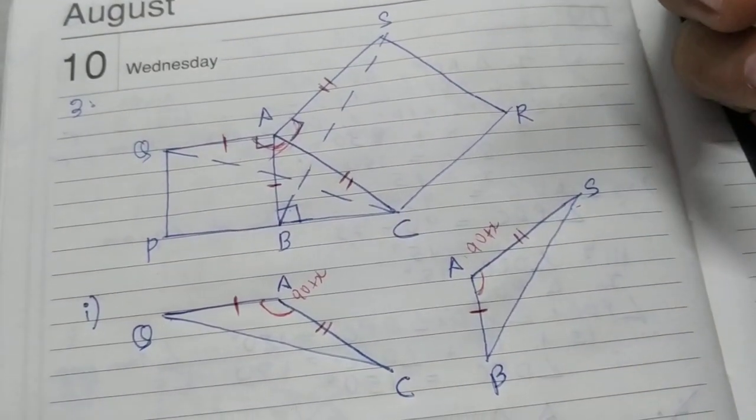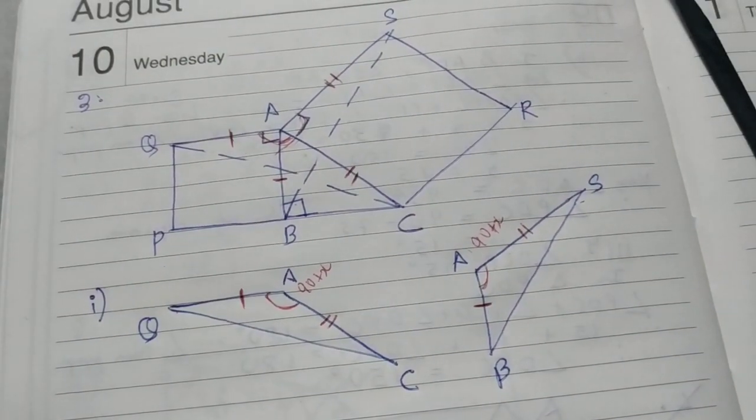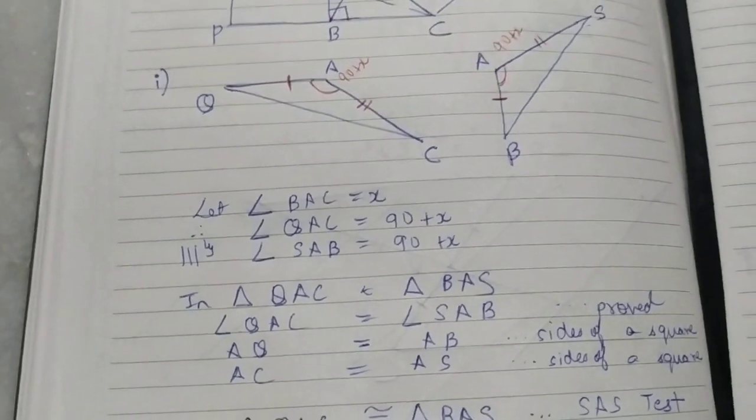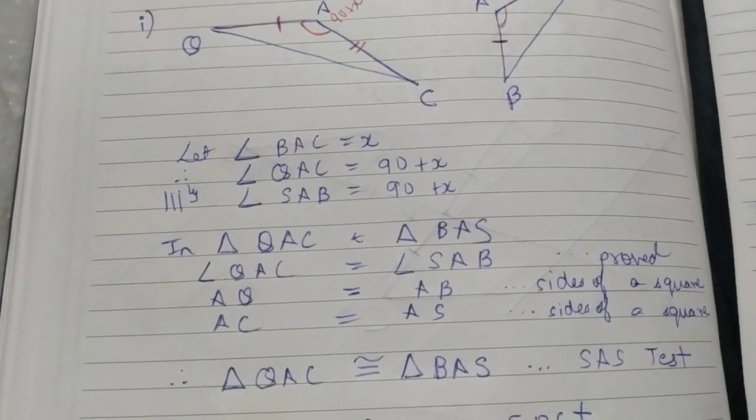Hence I was able to exploit it, and now I can prove them congruent by SAS test. So these are the statements for the proof of congruency, SAS test.